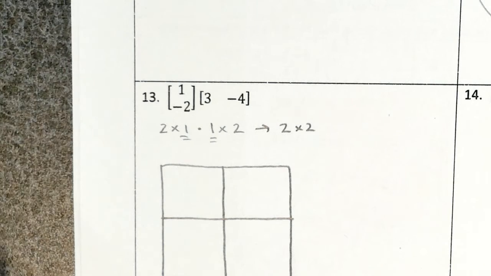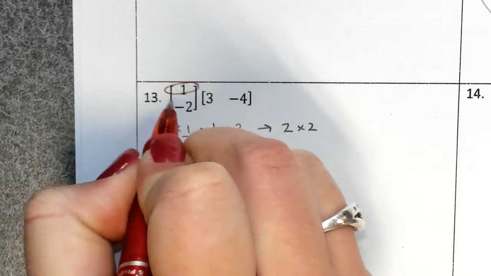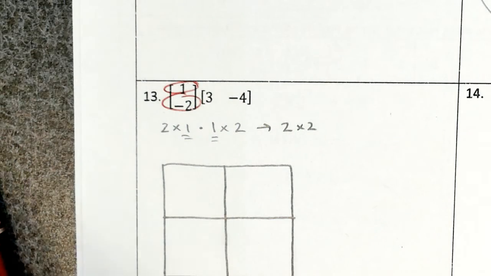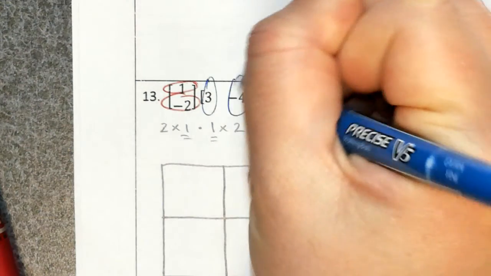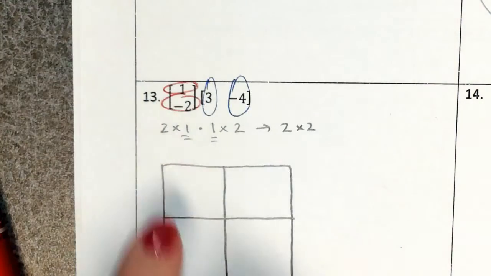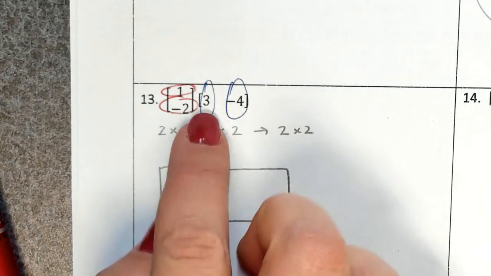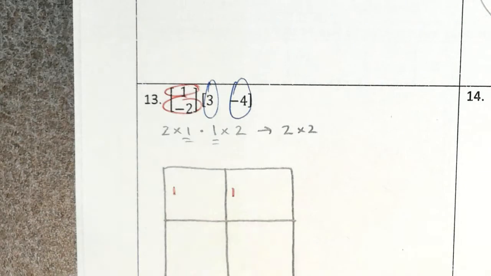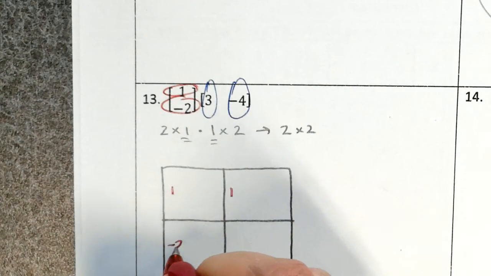What do you circle in the first one, rows or columns? Rows in the first, columns in the second. Okay? I have 2 rows, I have 2 rows, I have 2 columns, I have 2 columns. In my first row, I'm going to have 1 in each of those boxes. In my second row, I'm going to have -2 in each of those boxes.